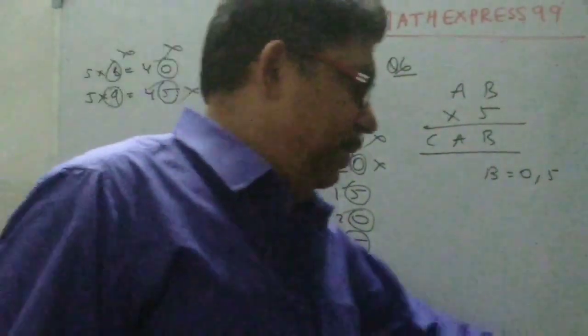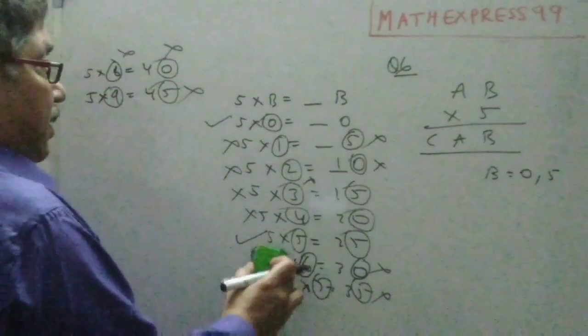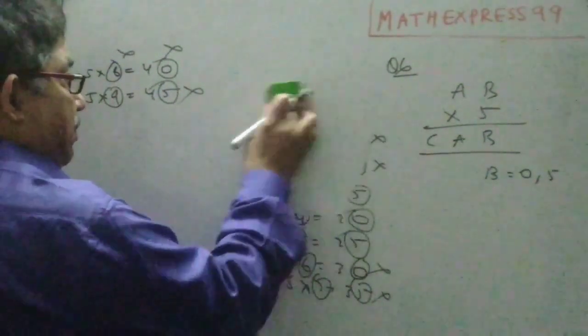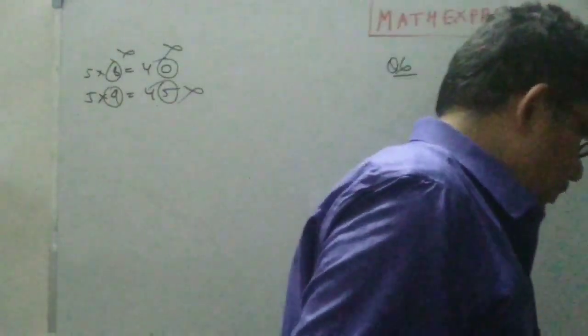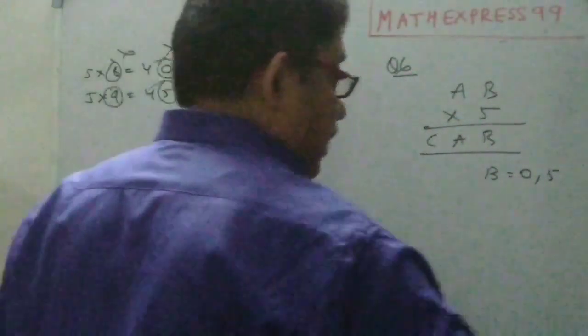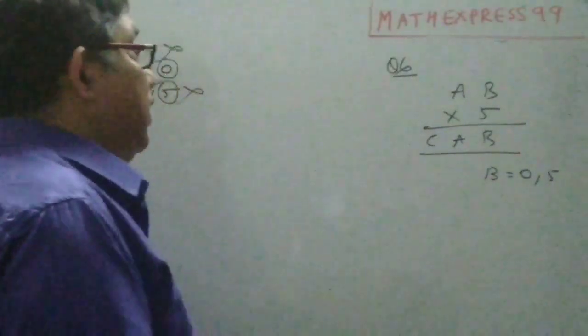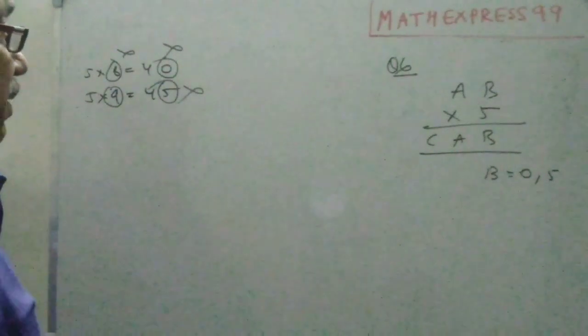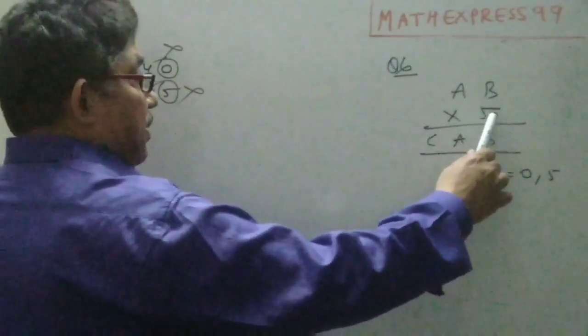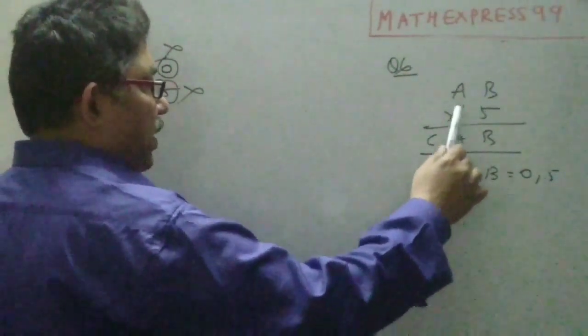Okay. But still I have A also. What have I said? That B is either 0 or 5. So I don't know what B is, but 5 into A should again give me back A. So they're giving back the same number.